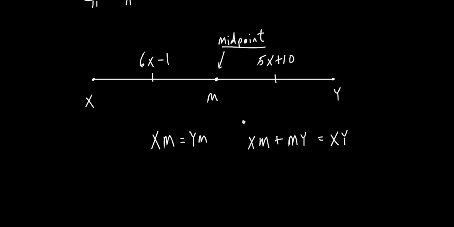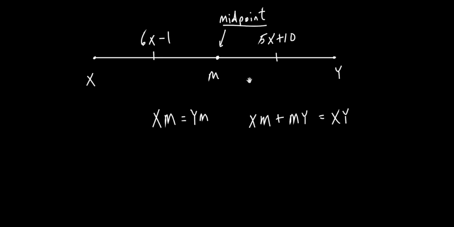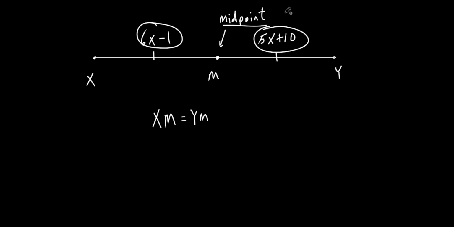They don't tell you the whole length of it like they told you before, like it was 75. M's the midpoint. So what can I do with those two things? Look, what's true about that length and this length? They're going to be the same. So what can I do with them? Set them equal to each other. Very good.